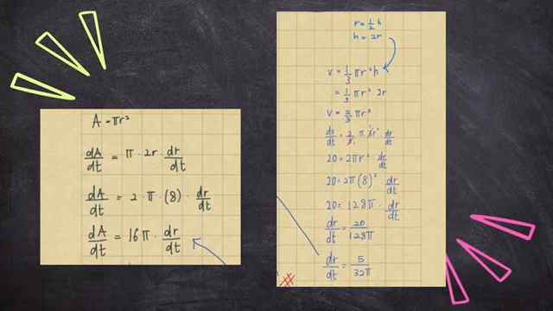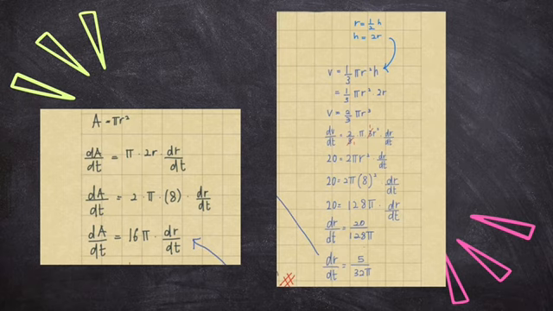So we need to modify h in terms of r, because here we want to find the dr/dt value. So we substitute all the terms, and the latest formula is V equals 2/3 πr³.